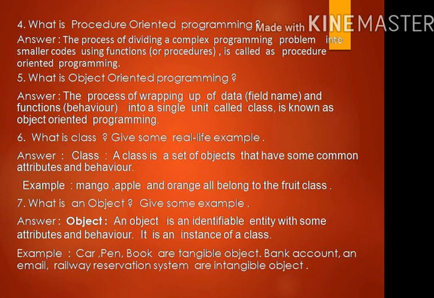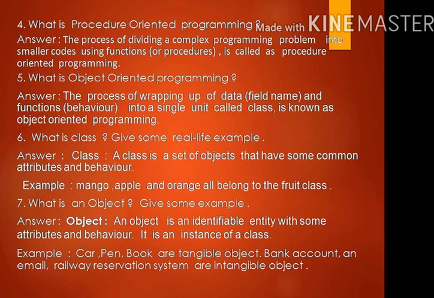Question number 5. What is object-oriented programming? The process of wrapping up of data, that is field name, and functions, that is behavior, into a single unit called class is known as object-oriented programming.